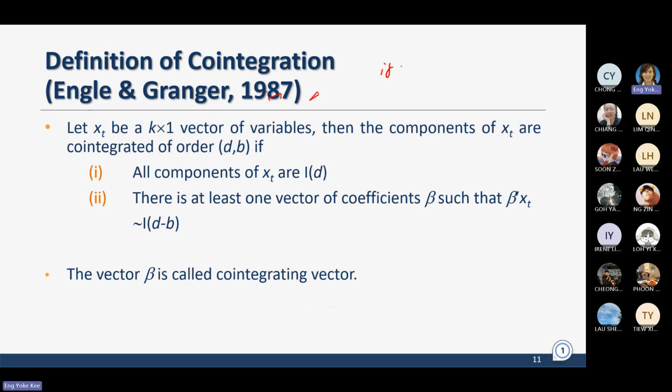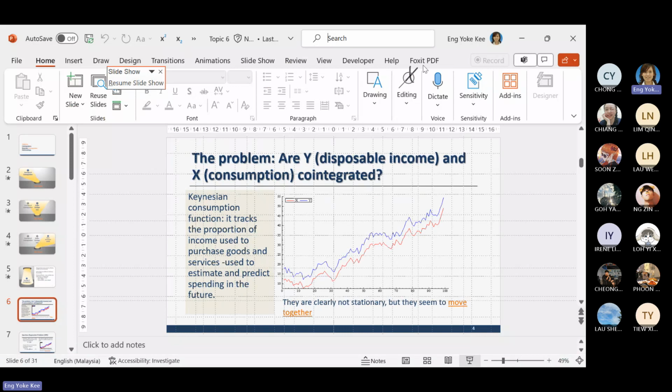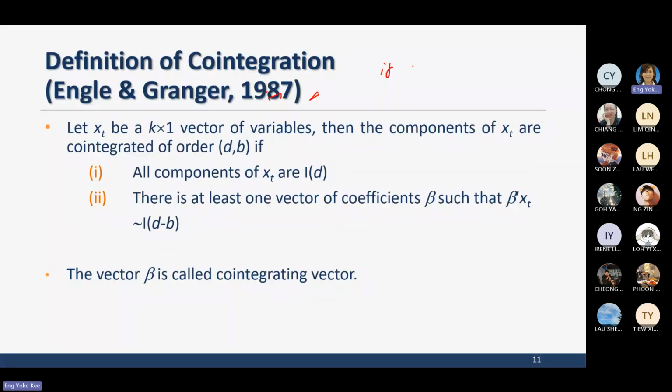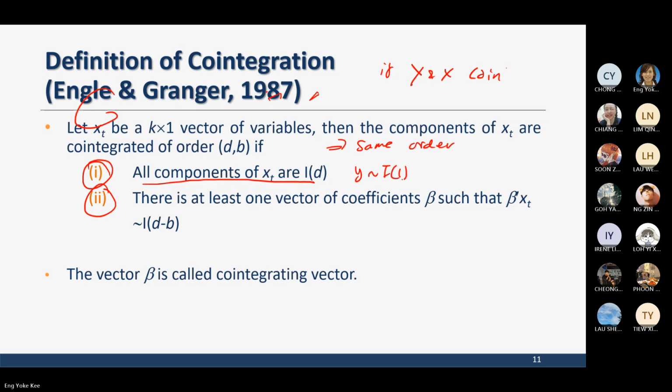If X and Y are co-integrated, they must fulfill two conditions. First, the stochastic trend must be of the same order. So if Y is I1, X must be I1.